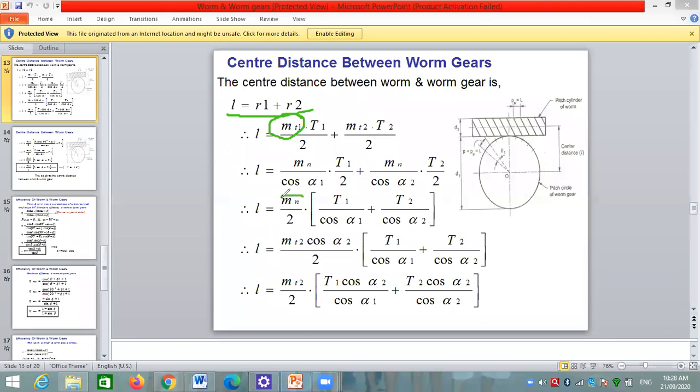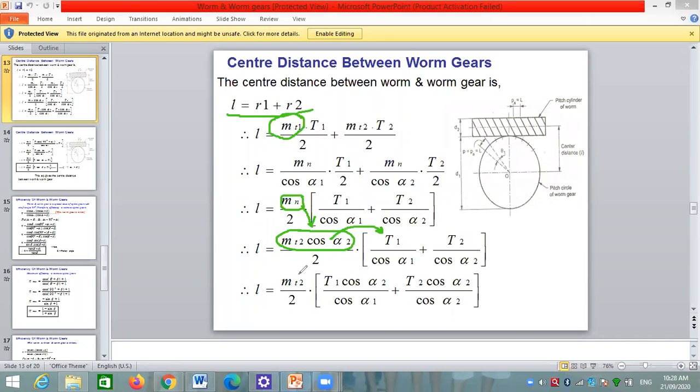Then we write this Mn is equal to MT2 into cos of alpha 2. Normal module is equal to MT2 into cos of alpha 2. This gives MT2 by 2 into T1 upon cos of alpha 1 plus T2 upon cos of alpha 2. Then we multiply this bracket term by cos of alpha 2.